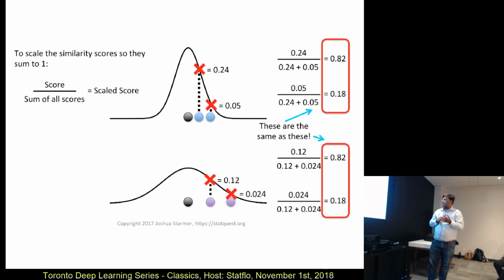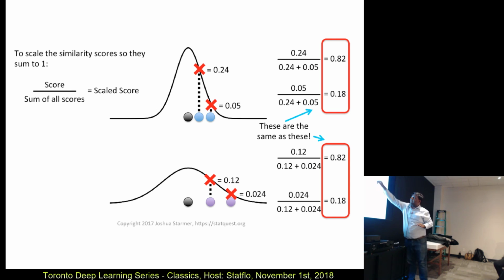Okay, so this is something that Joshua Starmer explains: what happens if you have exactly half the distance. Imagine there are these two points at a distance of 0.24 and 0.05, and in the sparser cluster they are exactly at half.